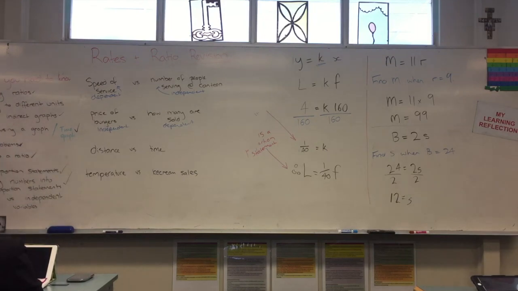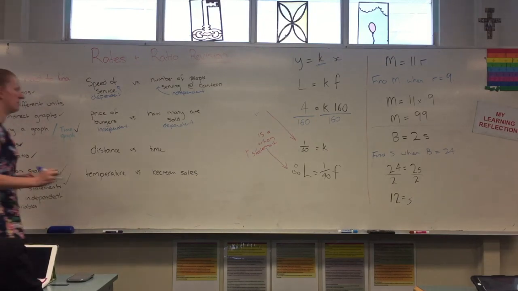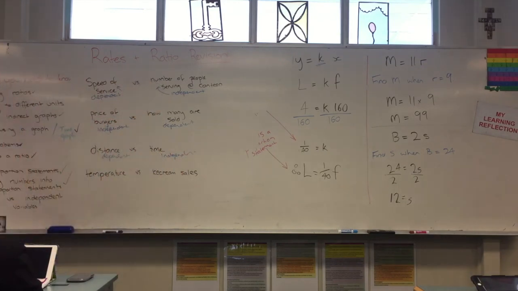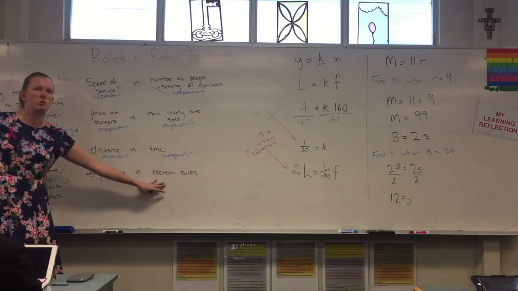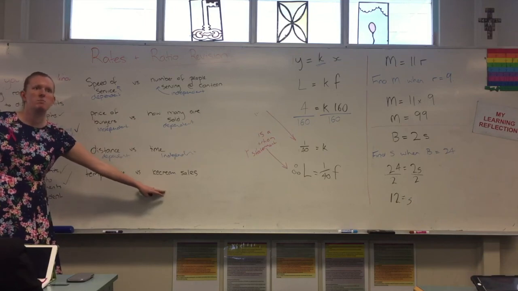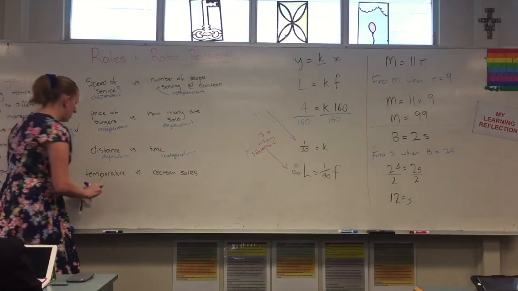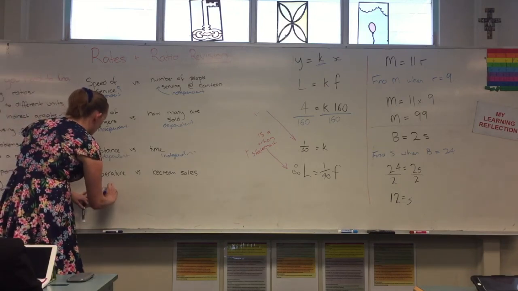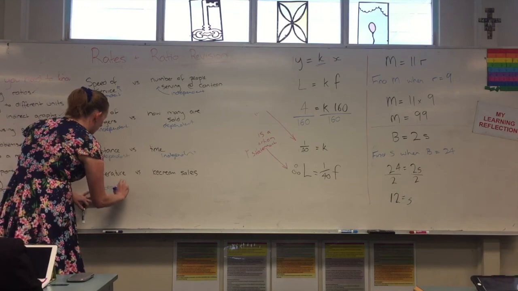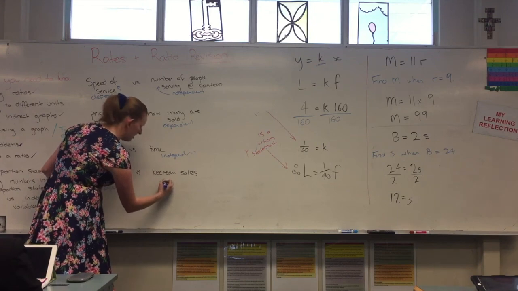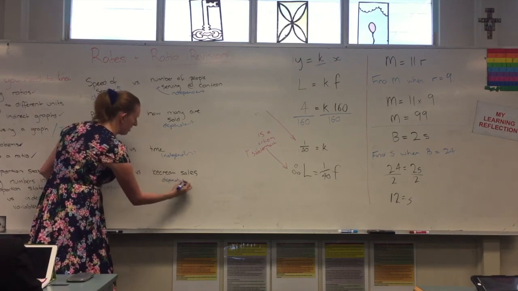We always know that time is independent. Alright, temperature versus ice cream sales. Does the temperature change depending on how many ice creams the shop is selling? Or does the number of ice creams sold change depending on how hot it is? Ice cream sales don't change the temperature. Awesome. So temperature is independent. The temperature does not care about your plans to buy ice cream or not. And this one's dependent. Temperature can't change.